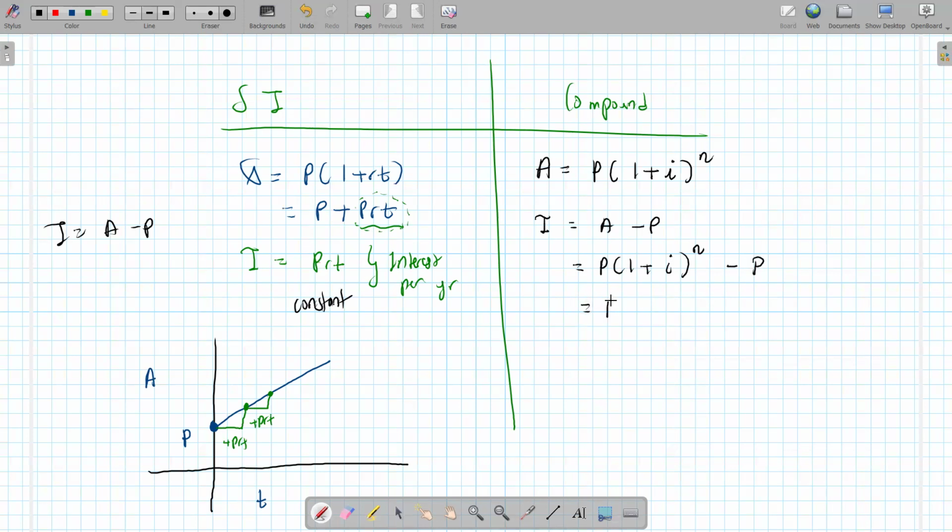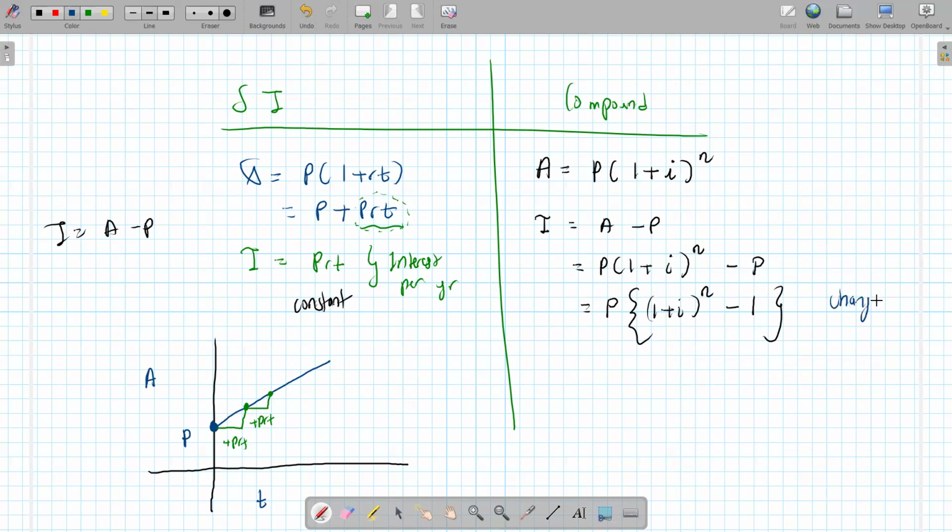You pull out a P from the two expressions. If you pull out a P from the first expression, you're left with (1 plus I) to the power of n. If you pull out a P from this, what are you left with? Minus 1. Yeah, like that. And that's the expression for your interest I. And this is always going to change.